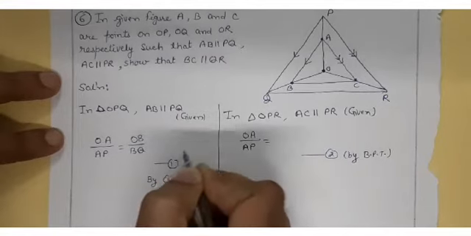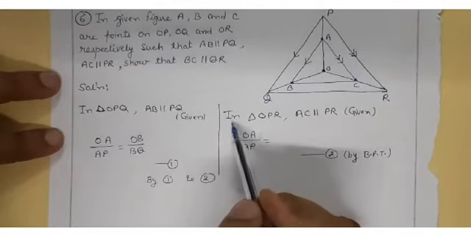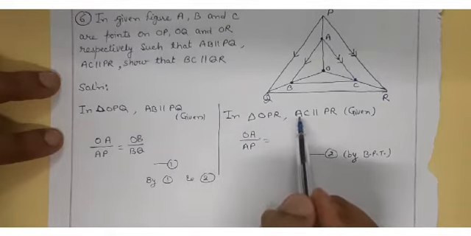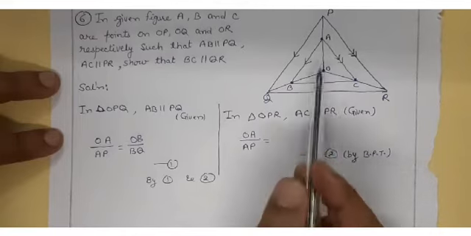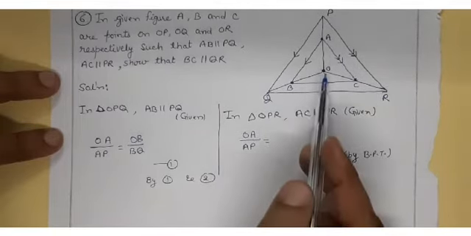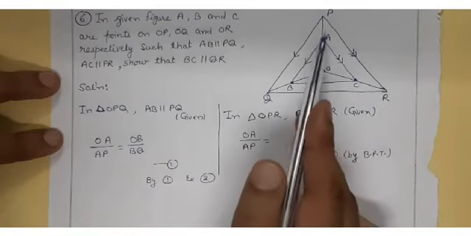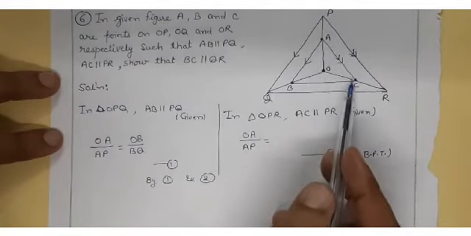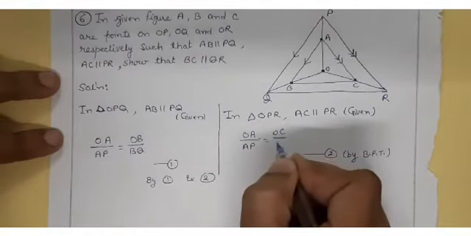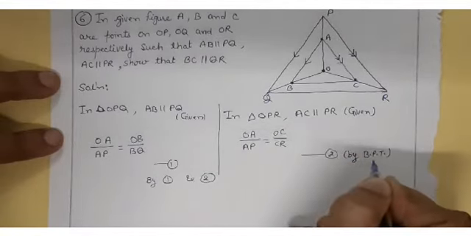This is equation number 1 by BPT theorem. Now again I am using BPT theorem in triangle OPR where AC is parallel to PR. Then OA upon AP is equal to OC upon CR. So I am writing here OC upon CR by BPT theorem.